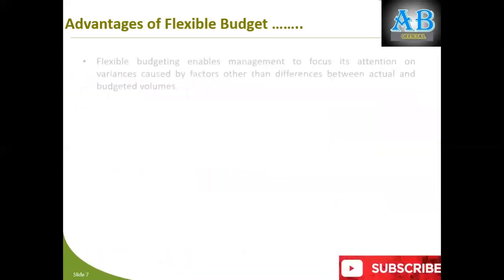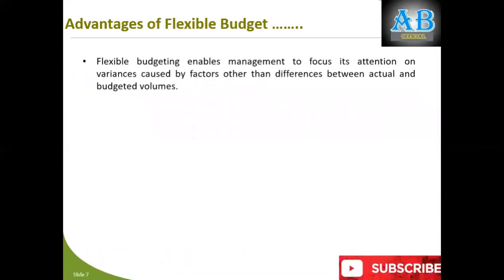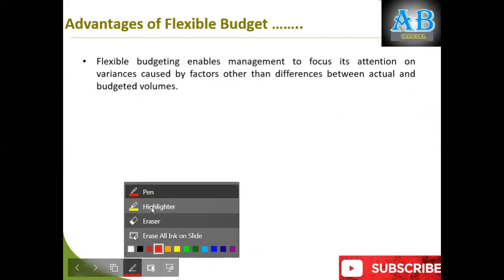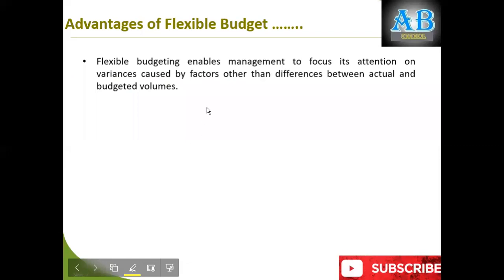Now discuss what are the benefits we are having by adopting fixed budget, flexible budget techniques. Flexible budget enables management to focus attention on various costs by factors other than differences between actual and budgeted volume.